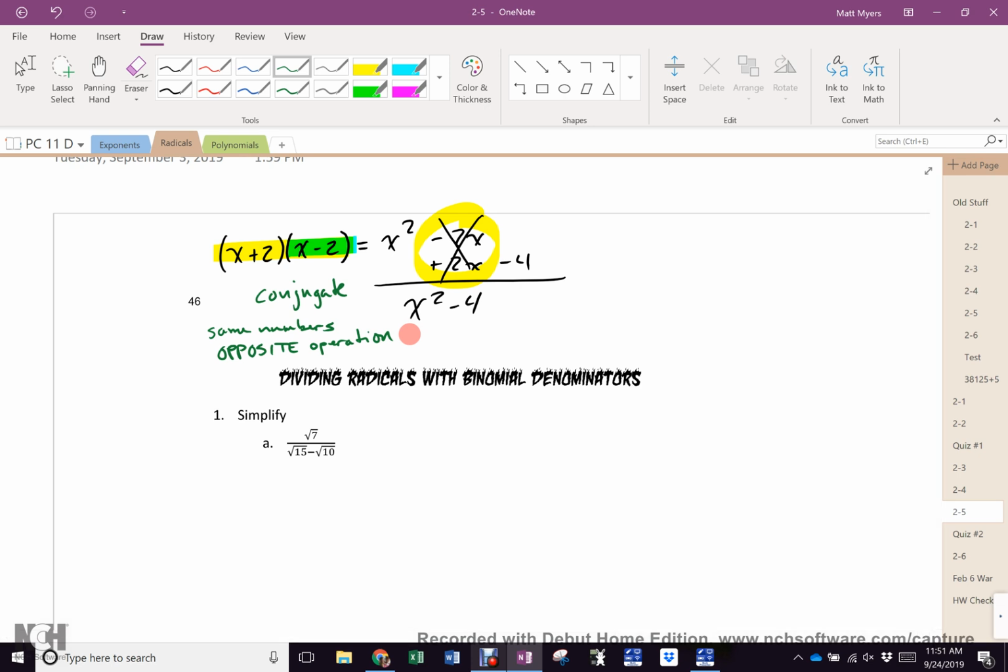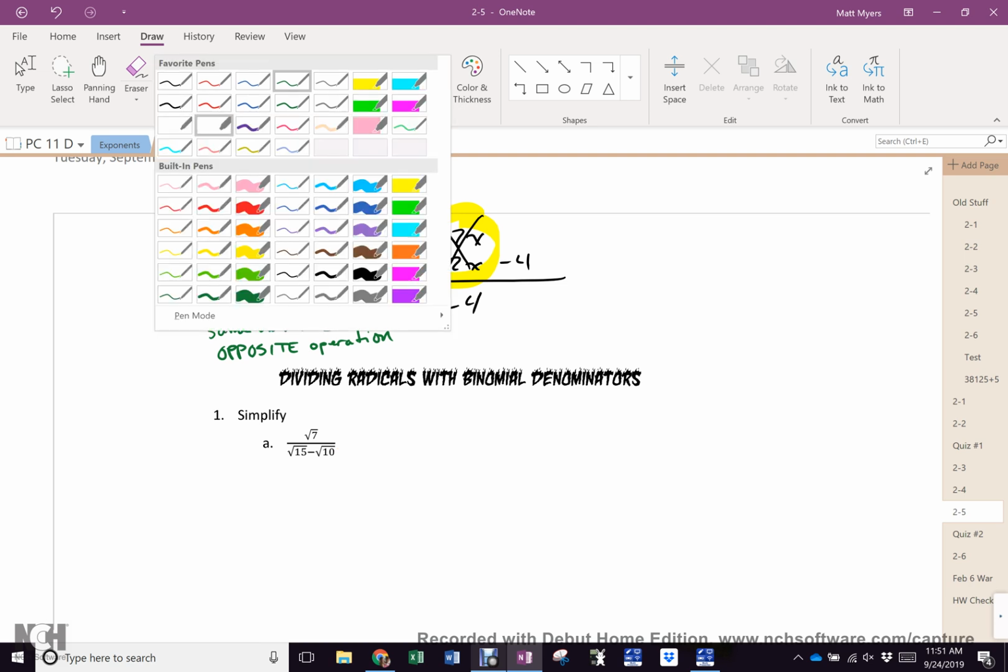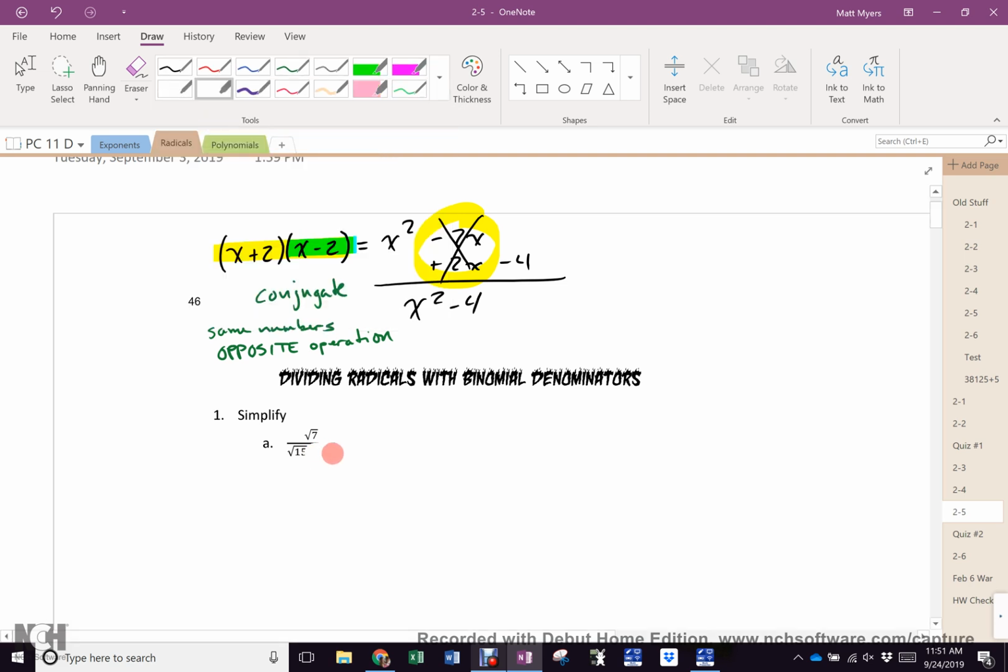Okay. So, knowing what you know and knowing that you can make a middle term disappear, look at this first question. What bothers you? Everything's a radical, even in the denominator. Now, if there was no root 10 there, what would you multiply that by?